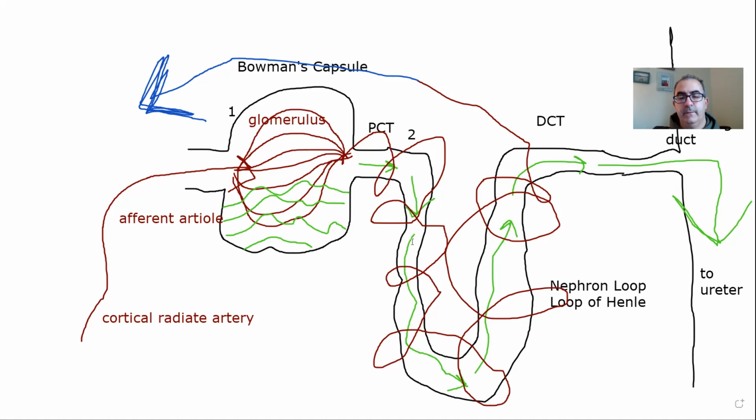This capillary that's wrapped around the nephron is called the peritubular capillary.